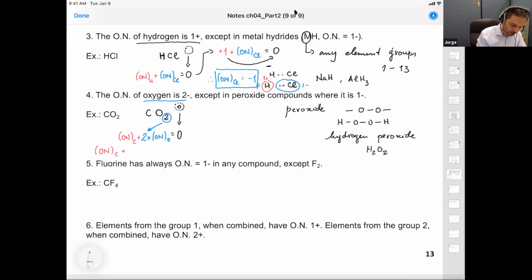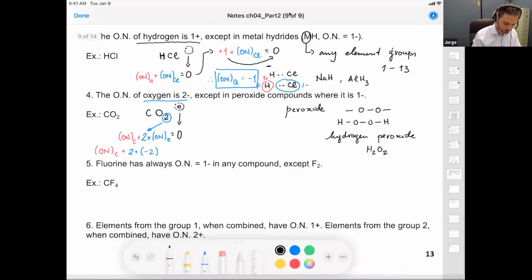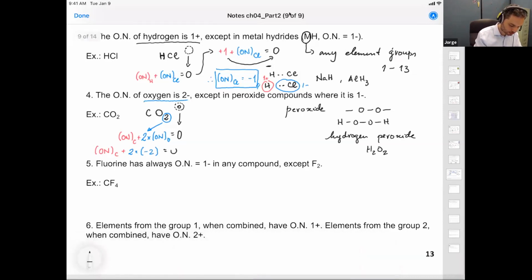The oxidation number of oxygen is going to be 2 minus every time that oxygen is combined to another element. So let's replace here 2 times minus 2. Careful with the sign again. Do not forget it. This has to be equal to 0.